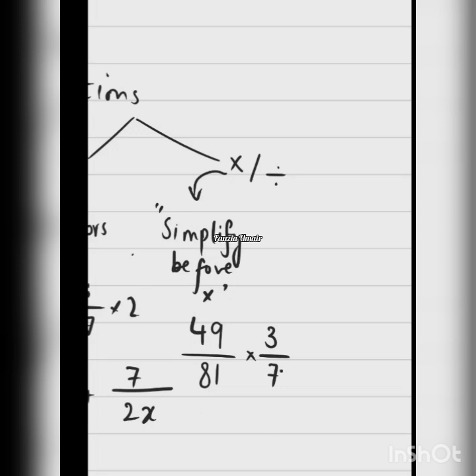So instead of multiplying first, try to simplify first. Simplification means I can cancel out the numerators with the ones in the denominators. So I can see 49 and 7 can be simplified, so I can cancel this out. Then I can see this 3 and 81 can be simplified, so I can cancel this out also.